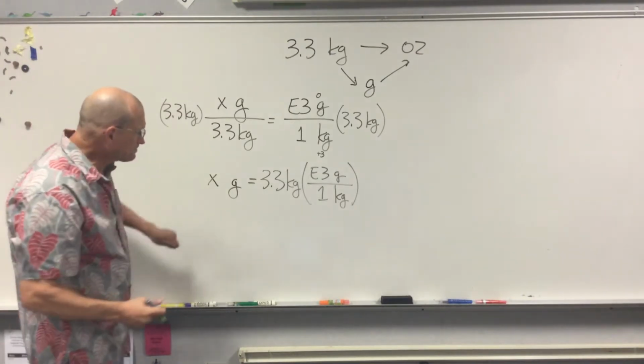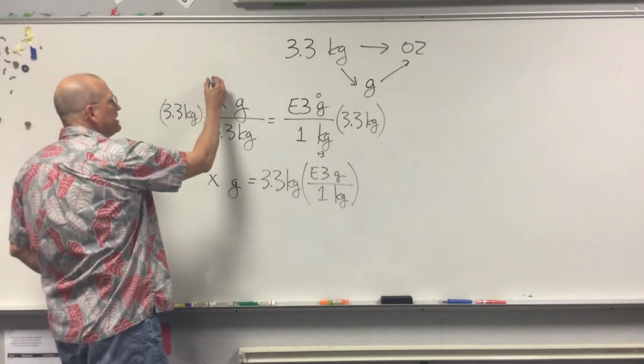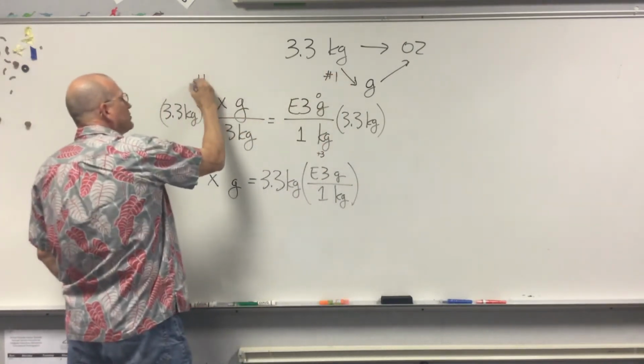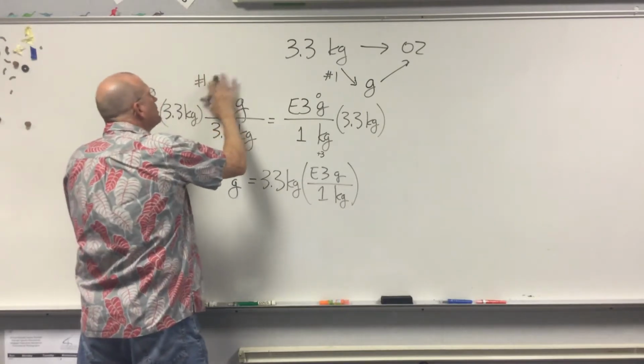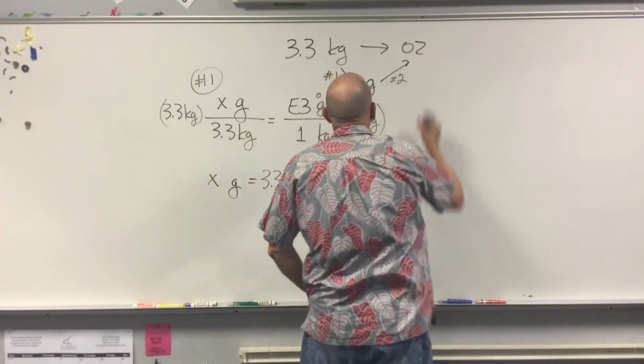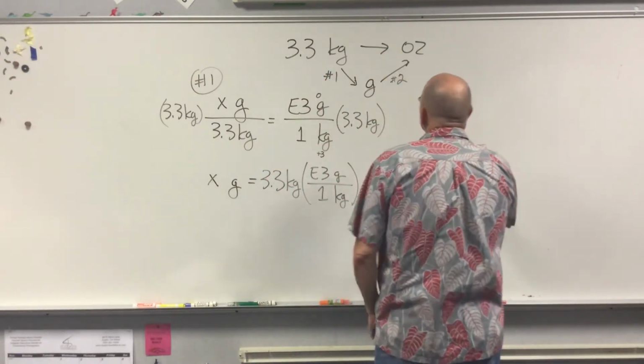Now this represents how many grams I have, so this would be the first step, and I'll call this number 1. So this work here, number 2, is number 1. And then for number 2, I have to go from gram to ounces.